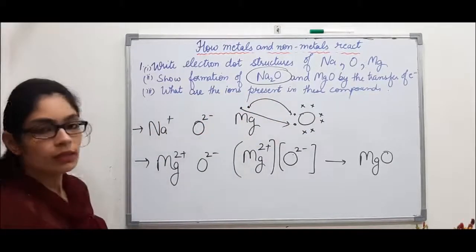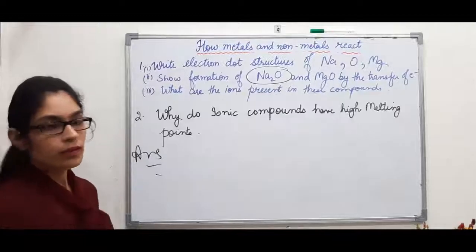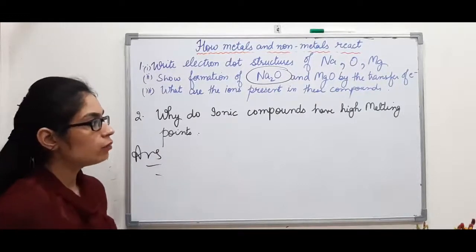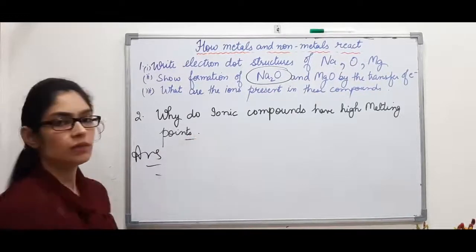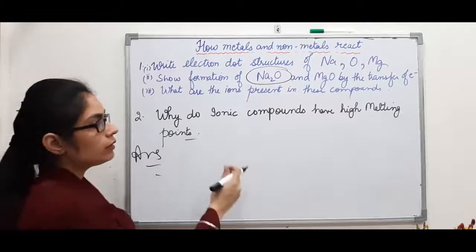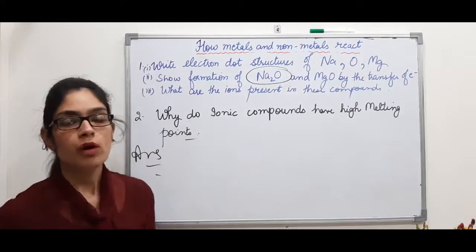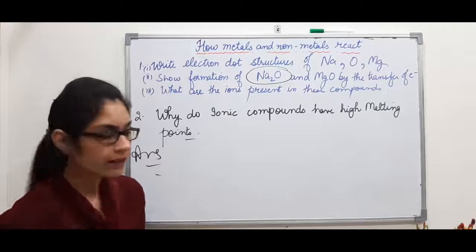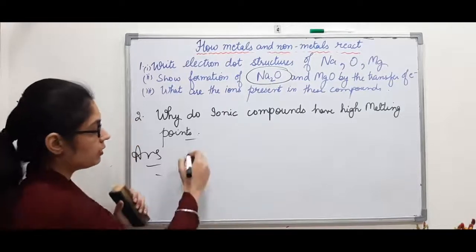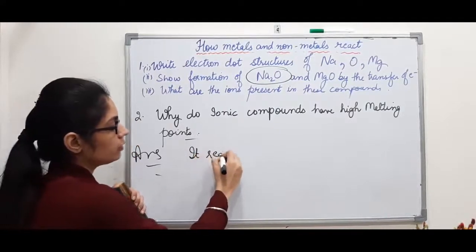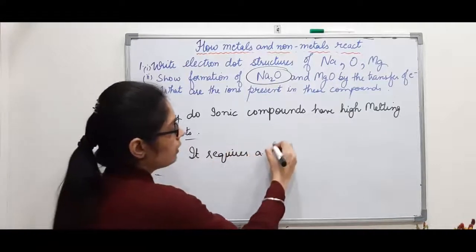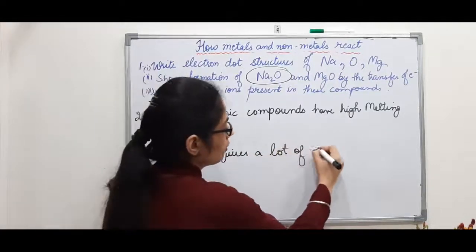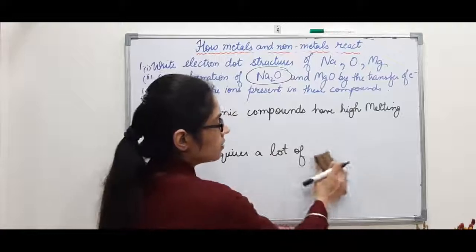Now let's do the next question. So second question is, why do ionic compounds have high melting points? So we have already discussed this thing, that ionic compounds form bond by electrostatic force of attraction. So we can mention it requires a lot of heat energy, because heat is required for melting.